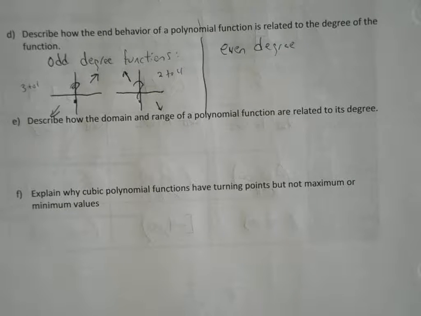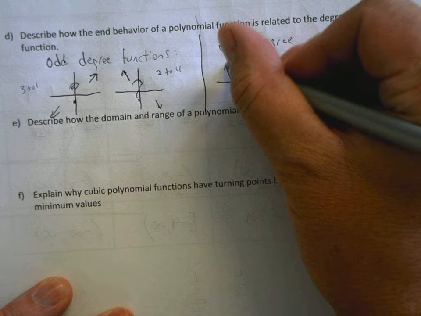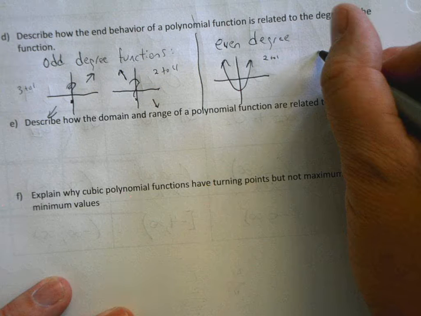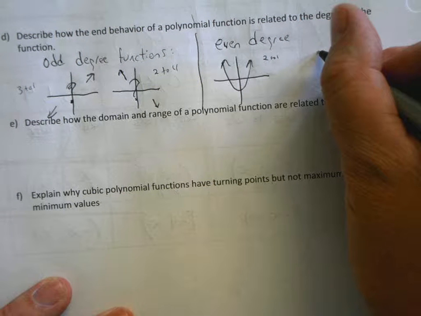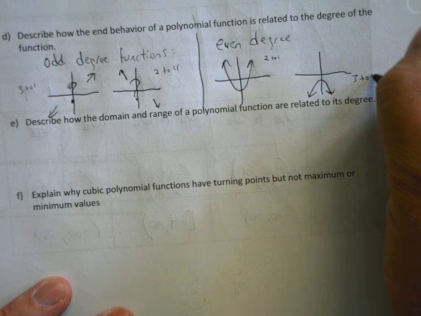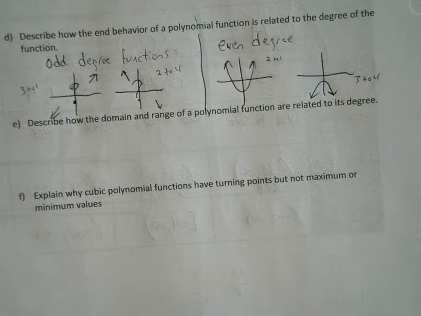Okay. That's even degree. So if I'm doing pictures, I'm just going to draw parabolas because that's all we care about, right? So 2 to 1 or 3 to 4. And of course, I'm not even following my little rule in here, right? I'm not writing Q3 just to save space.